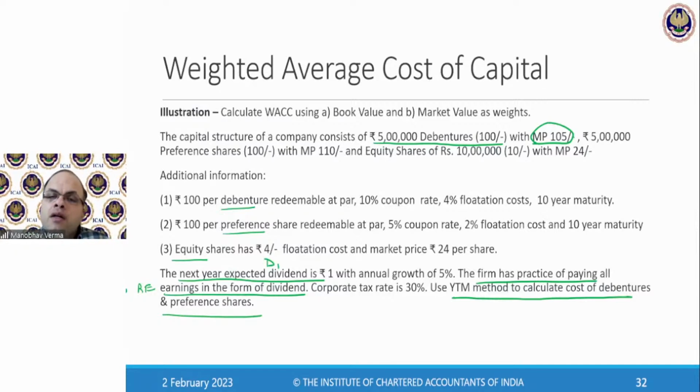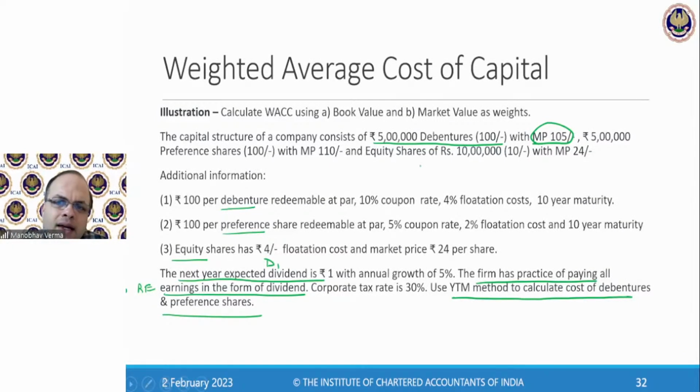So that means what will be our initial cash flow, guys? Initial cash flows. We're talking about 100 per debenture. Market price is 105. Can anyone tell me what would be my initial cash flows?